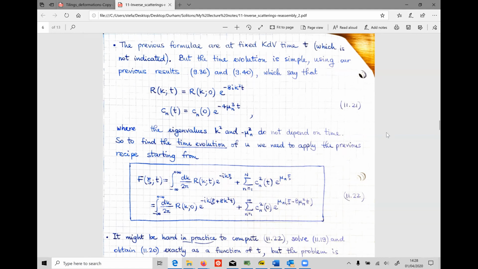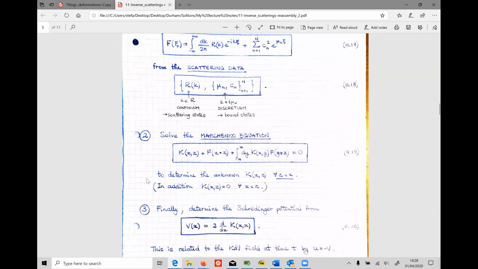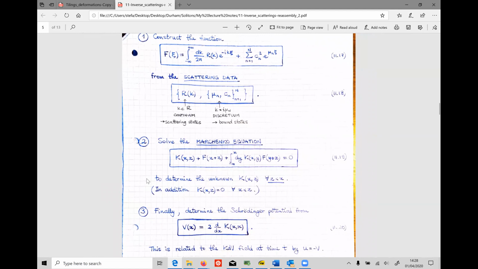So now what we can do is take these expressions and plug them in the formula for the auxiliary function F of xi. That will allow us to solve the inverse scattering problem, going through these three steps, for any value of the KdV time t. Okay, so let's do that.